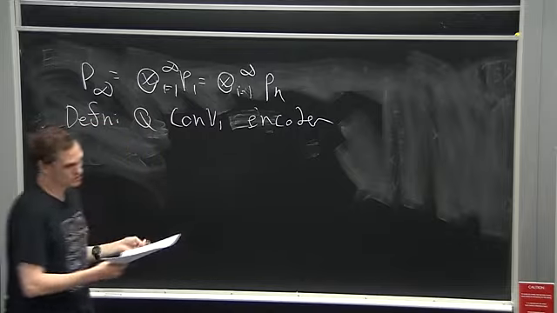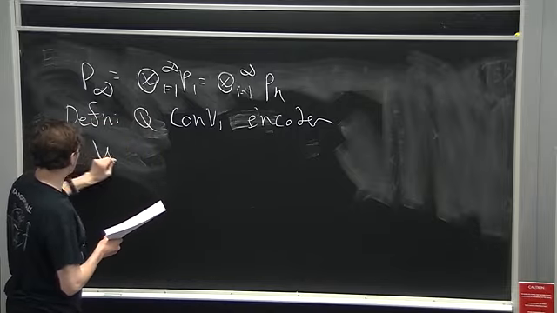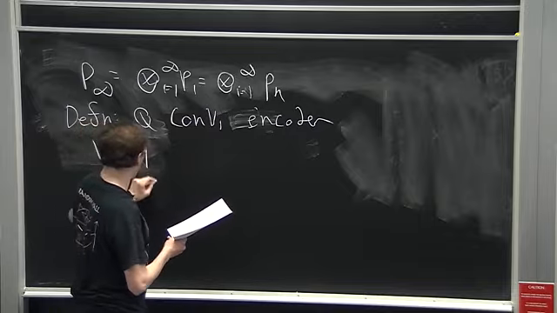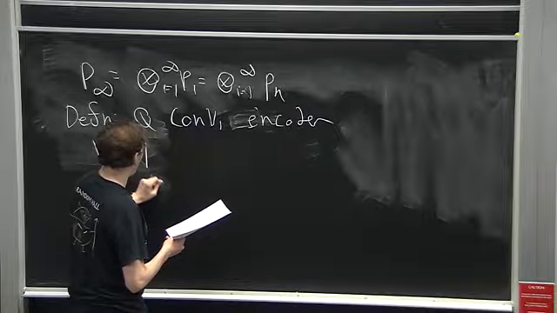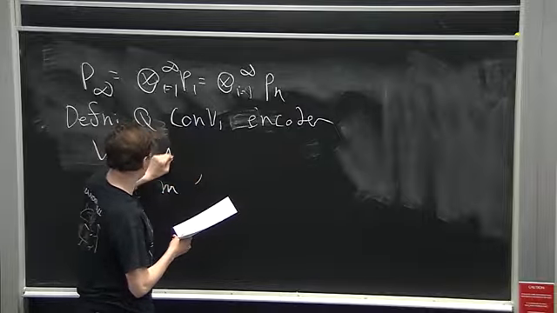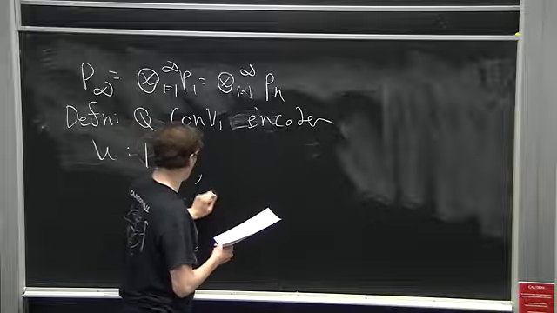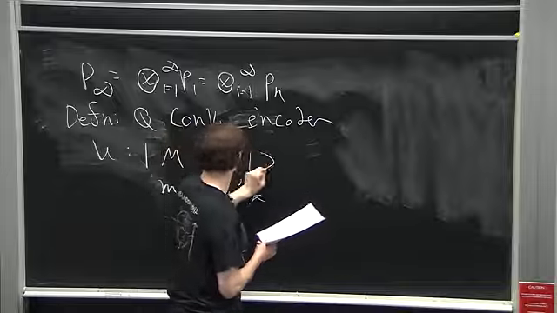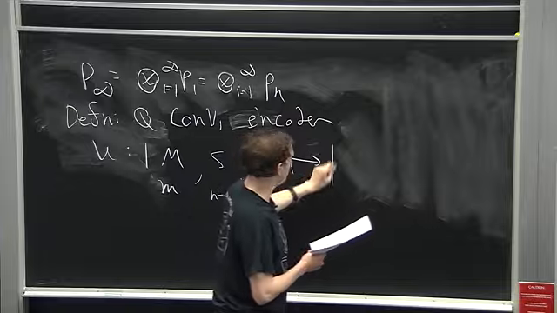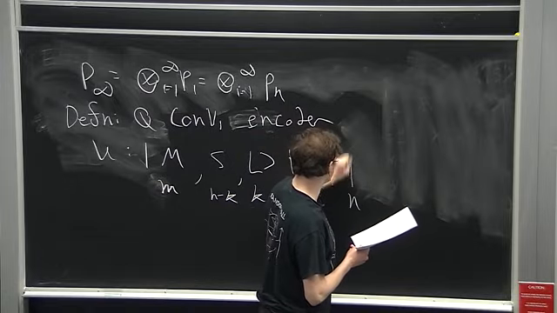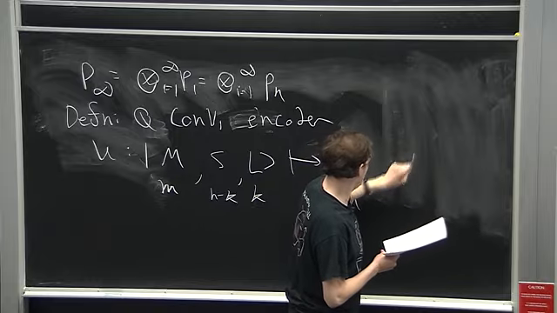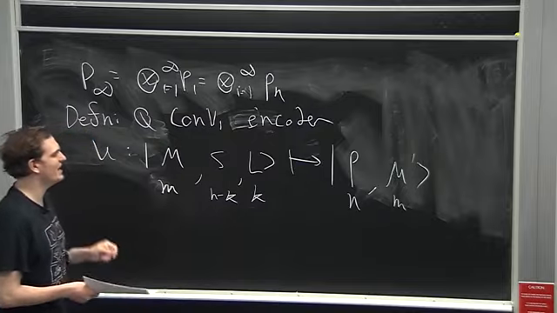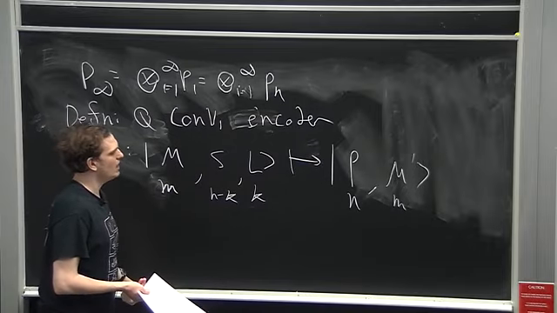So a quantum convolutional encoder, we'll call it U, maps m memory qubits, n minus k ancilla qubits, and k logical qubits, to n physical qubits and an m-qubit new memory poly.